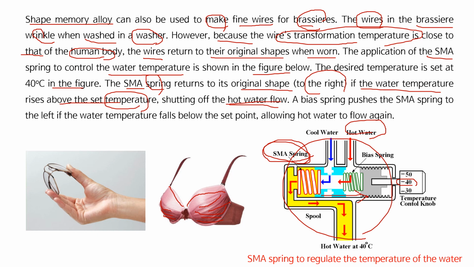The bias spring pushes the shape memory alloy spring to the left if the water temperature falls below the set point, allowing hot water to flow again. So when the temperature is lowered, this spring pushes the shape memory spring back to the original position on the left.